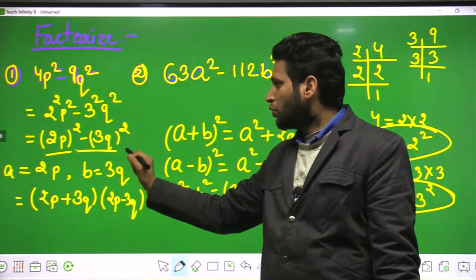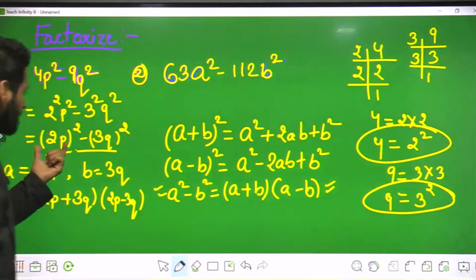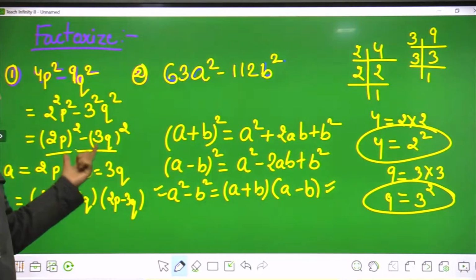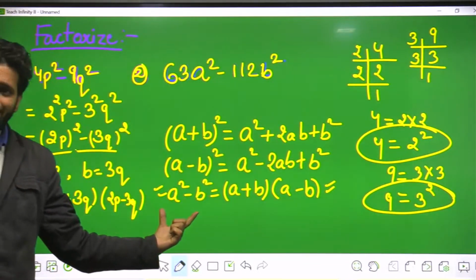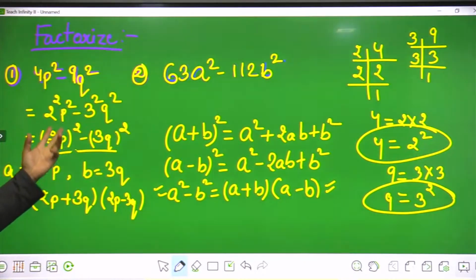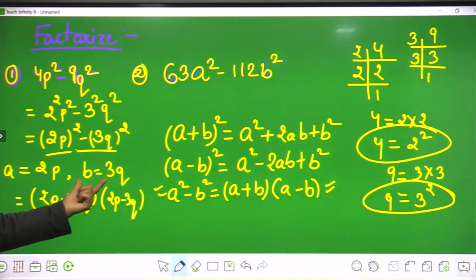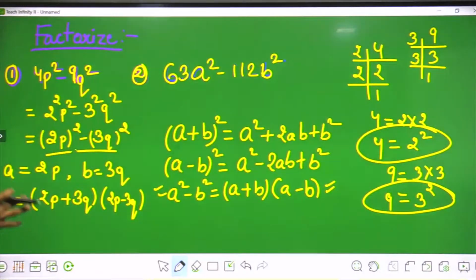Now it is converted into this identity. When we compare, a square is equal to (2p) whole square, so a is equal to 2p, and similarly we get the value of b, which is 3q.